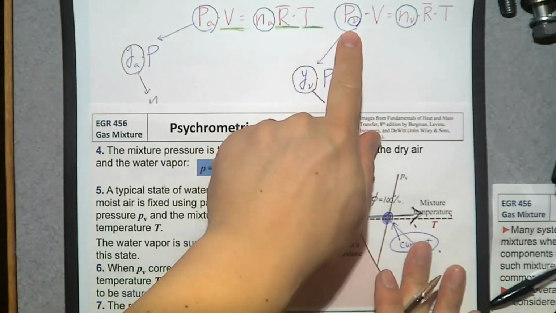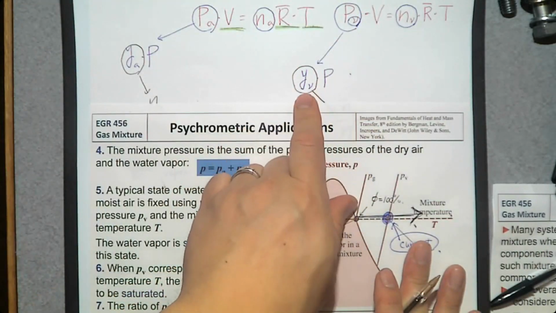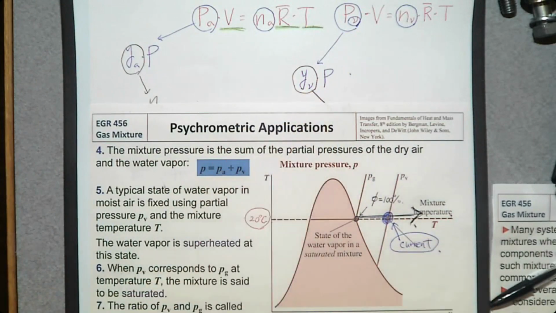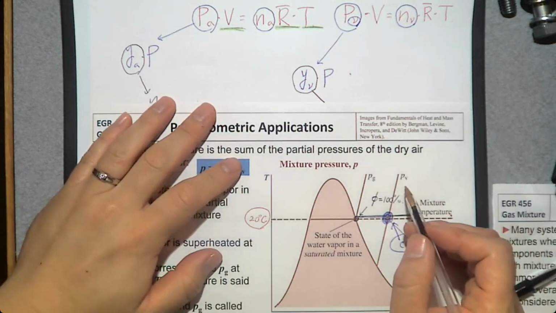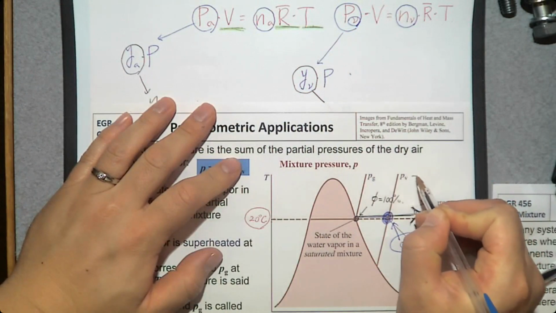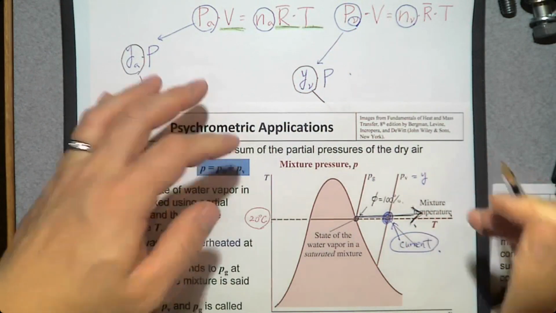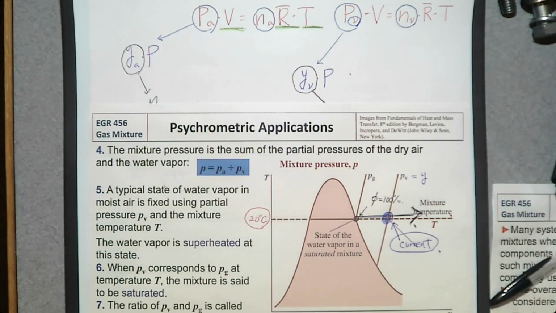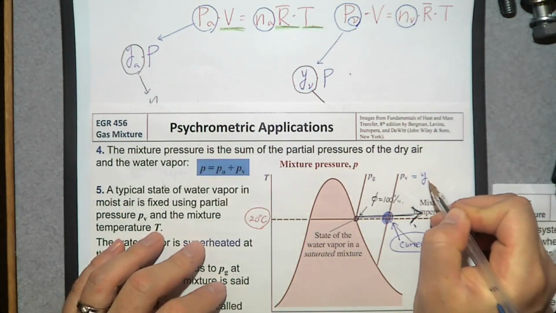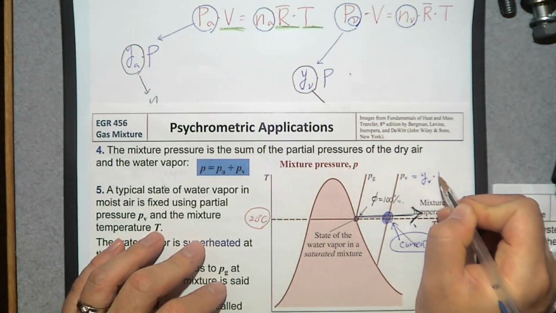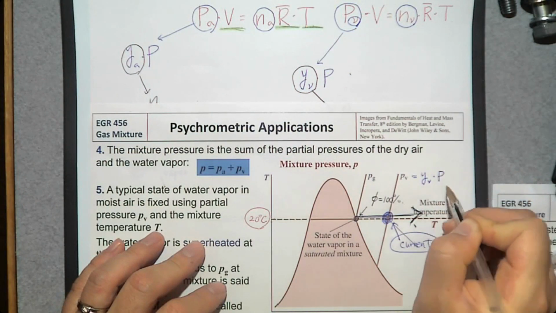The partial pressure PV can be determined by the mole fraction, which gives you the amount of water in the mixture, times the pressure of the mixture.